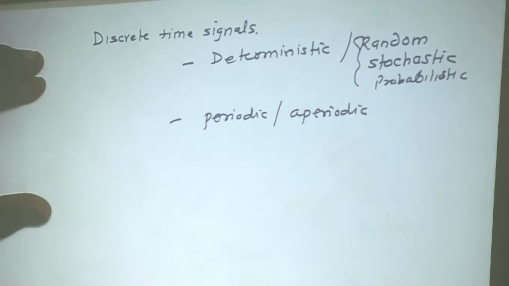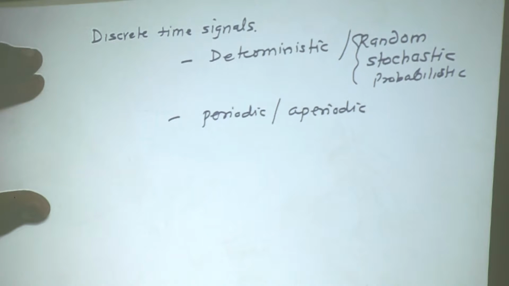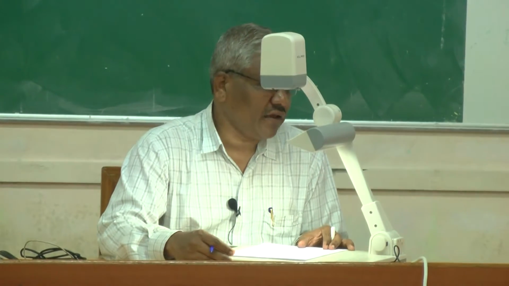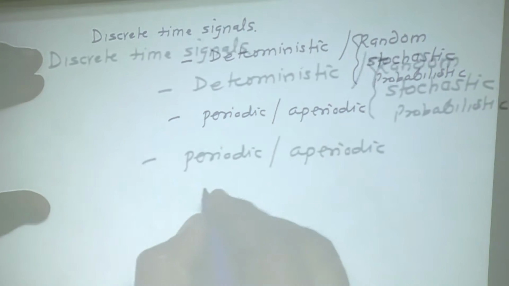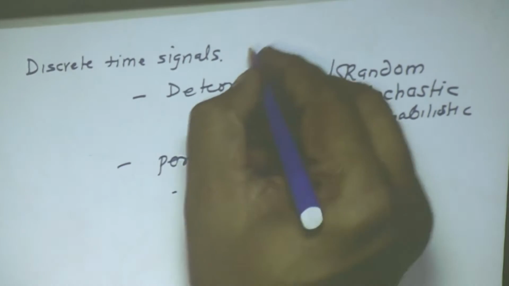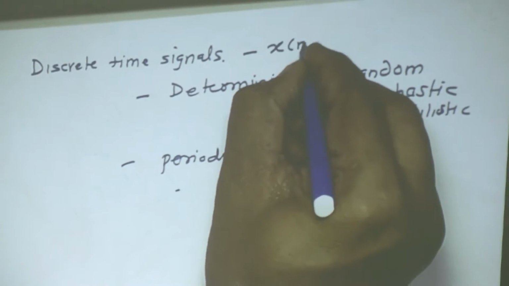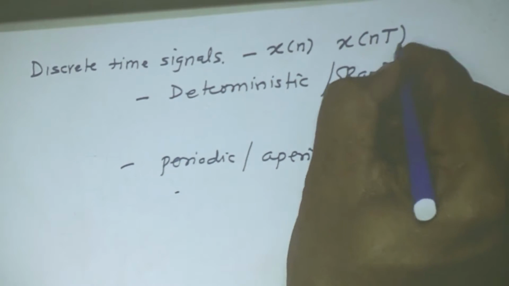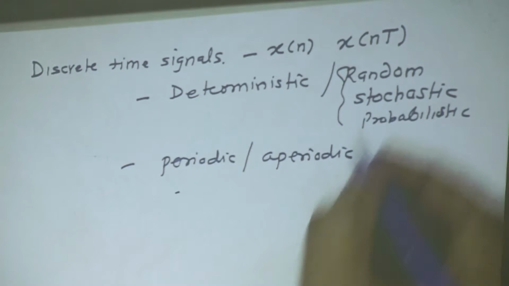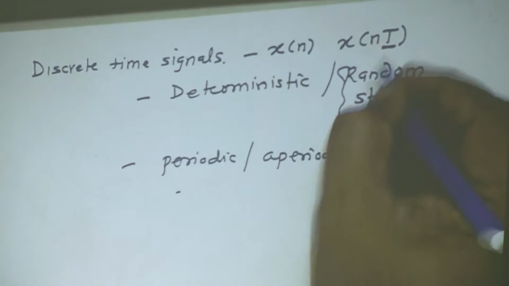For example, the speech signal: even if all the speakers are saying the same thing, the speech signal that is recorded in the form of a number of samples is going to be different. At different times the values will be different, although the information content in that signal is going to be the same. Periodic, aperiodic: in general discrete time signals are represented by x(n) or sometimes as x(nT). You may agree with me that this T is a constant.